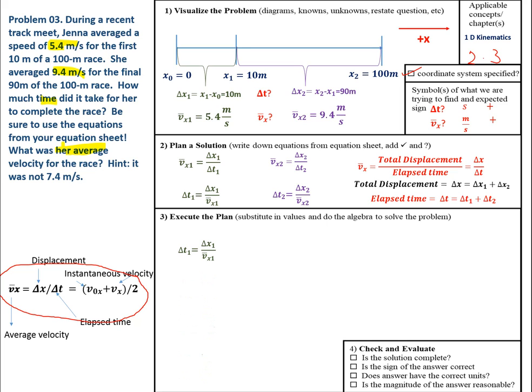So the time interval 1 is displacement for the first segment divided by the average velocity for the first segment, 10 meters divided by 5.4 meters per second. You get 1.85 seconds. And let's confirm the units.